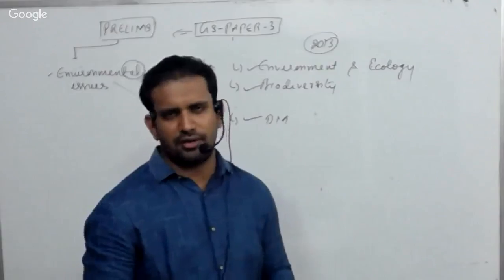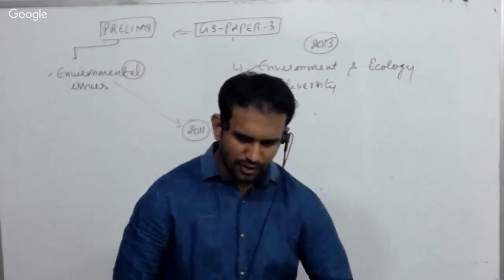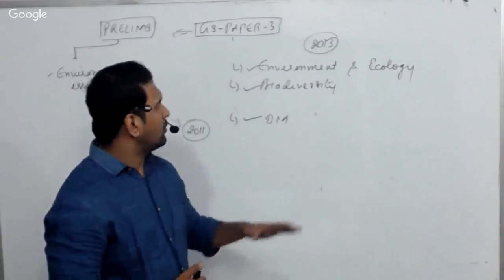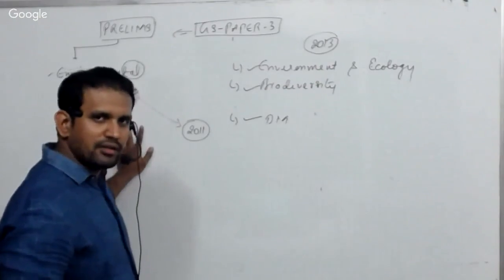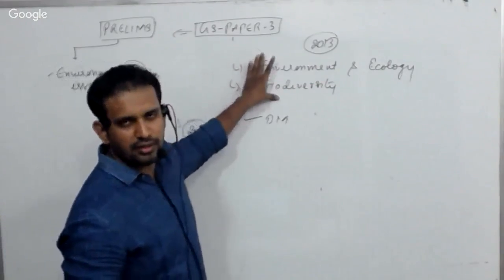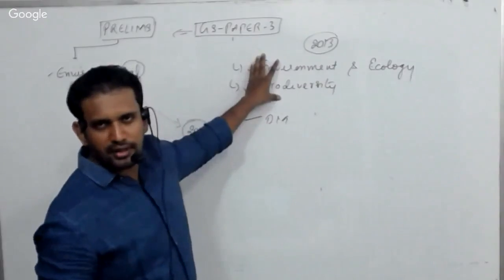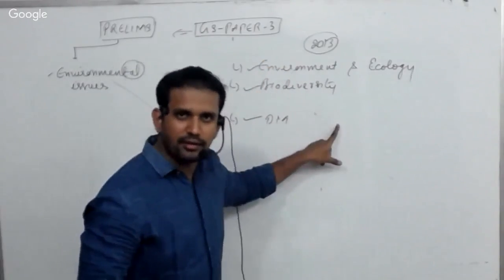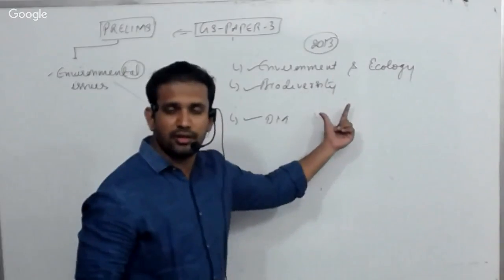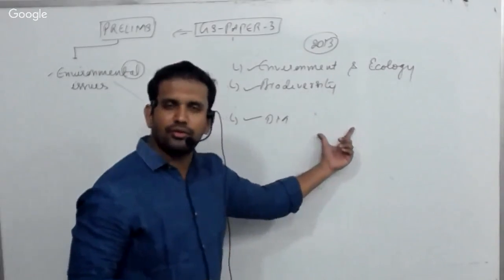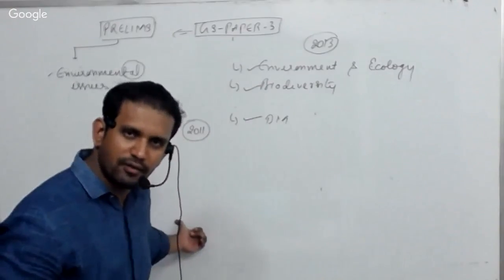Only the last 5 years are important. So environment as a prelims part was included in 2011, and environment and biodiversity as a mains part in 2013. So refer to questions on environment and biodiversity from 2013 onwards for mains, and from 2011 onwards for prelims.